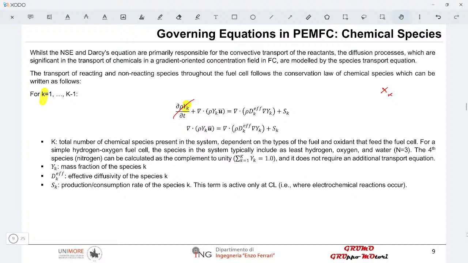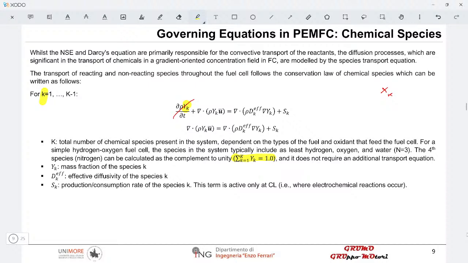So we have 4 species, but we have this condition: the mass fraction of all of your species must sum up to perfect unity. And this is valid also if you were considering mole fractions or concentrations. So the summation must be unity.